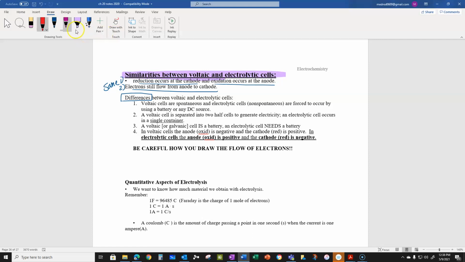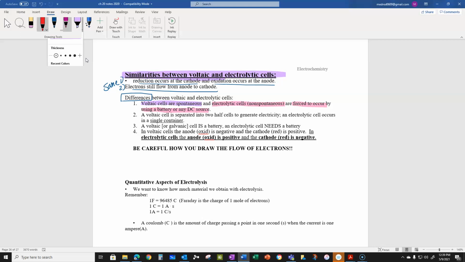Number 1, we already know voltaic cells are spontaneous. I'm going to do a little color coding here. And electrolytic cells are not thermodynamically favored, because you have to force it to happen, and you have to use some type of electricity, a battery source, or a DC source. DC source is another type of battery.